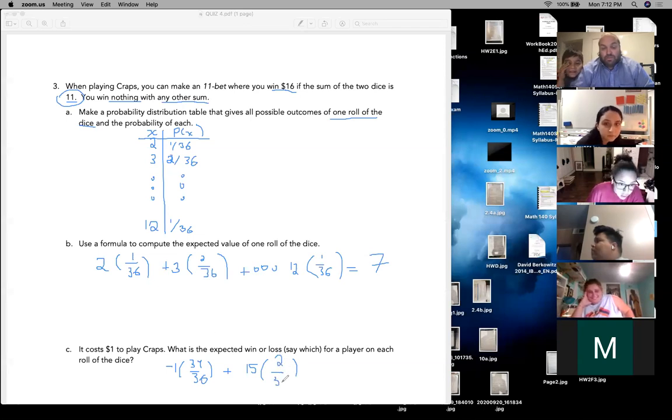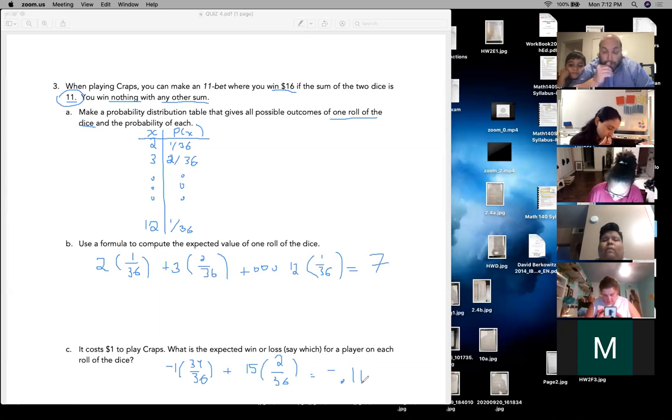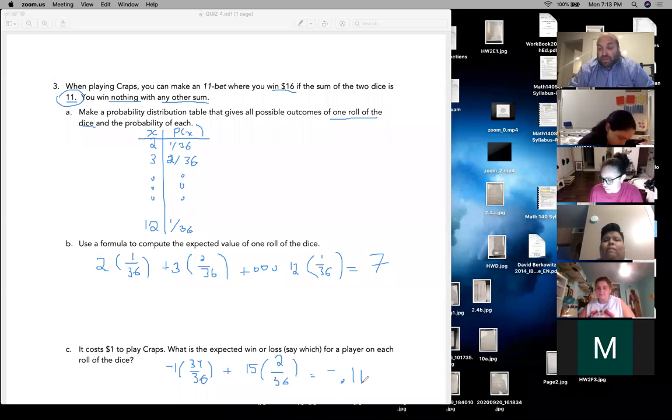Therefore, if you do the math, it comes out to be about negative 0.11, which means your expected value is to lose 11 cents per roll. Of course, it makes sense that you lose money, because if you won money, the casino wouldn't want to play this game.